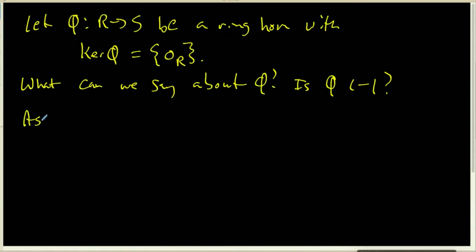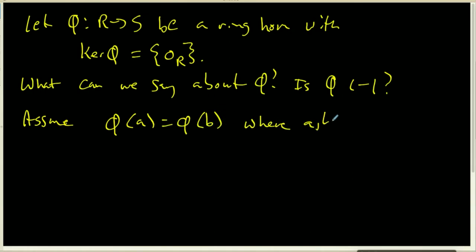Let's assume that phi of A is equal to phi of B, where A and B are elements of R. Now, these two elements happen to be elements in the ring S, and because they're elements in the ring S, this is a ring equation, and I can subtract phi of B off both sides.